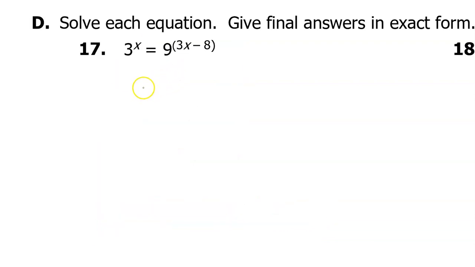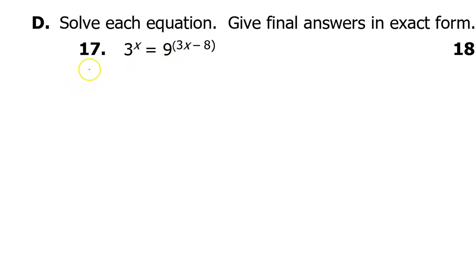Now we will solve some exponential and logarithmic equations. One way to solve an equation like number 17 is to rewrite these so that they have the same base. In other words, 9 can be rewritten as 3 squared.